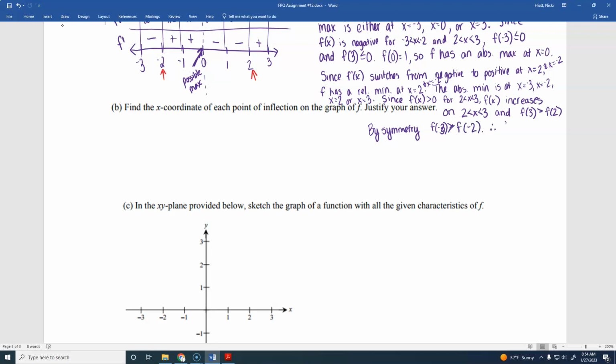Therefore, f of x has an absolute minimum at x equals plus or minus 2. I probably could have condensed my wording down a little bit there, but this would definitely work.